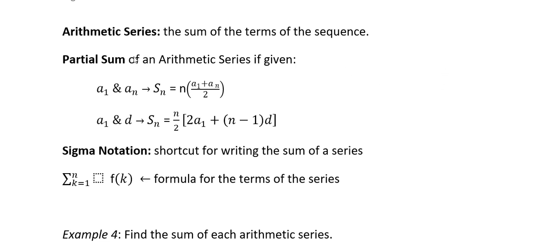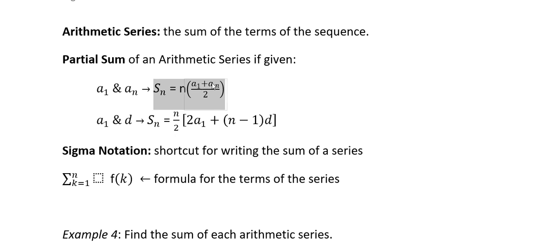But basically, we're going to talk about arithmetic series. The difference is a sequence is the list of numbers. The series is the sum of that list of numbers. So sometimes we want to know what the sum of a list of numbers in a sequence would be, and if you are given the first and last terms, a sub 1 and a sub n, then you'll use this equation.